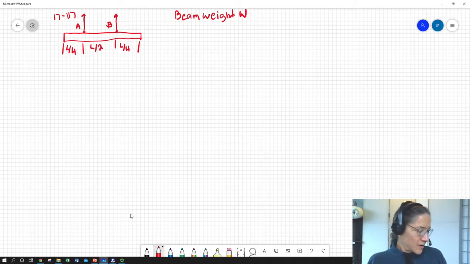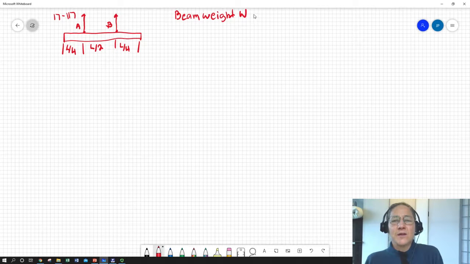Initially it's hanging evenly, so it's hanging evenly and non-moving.